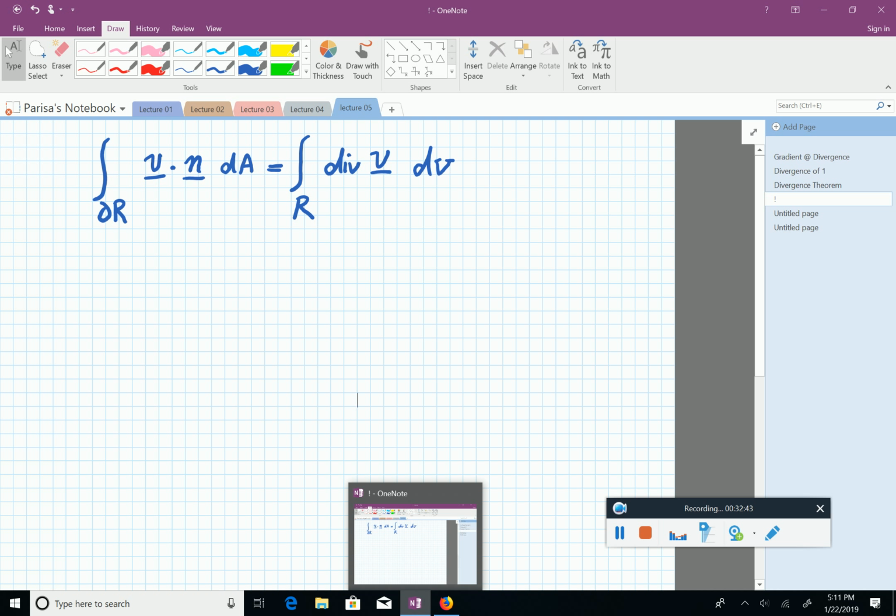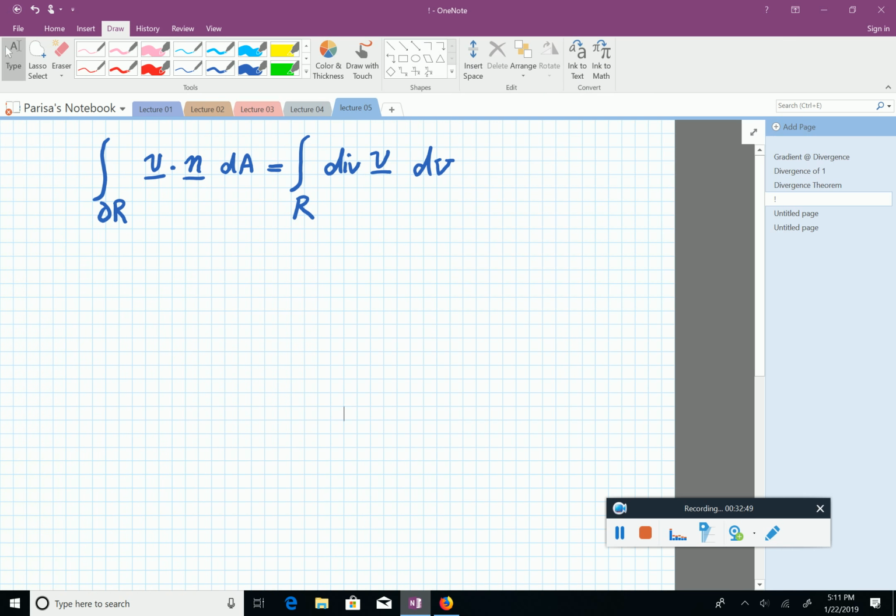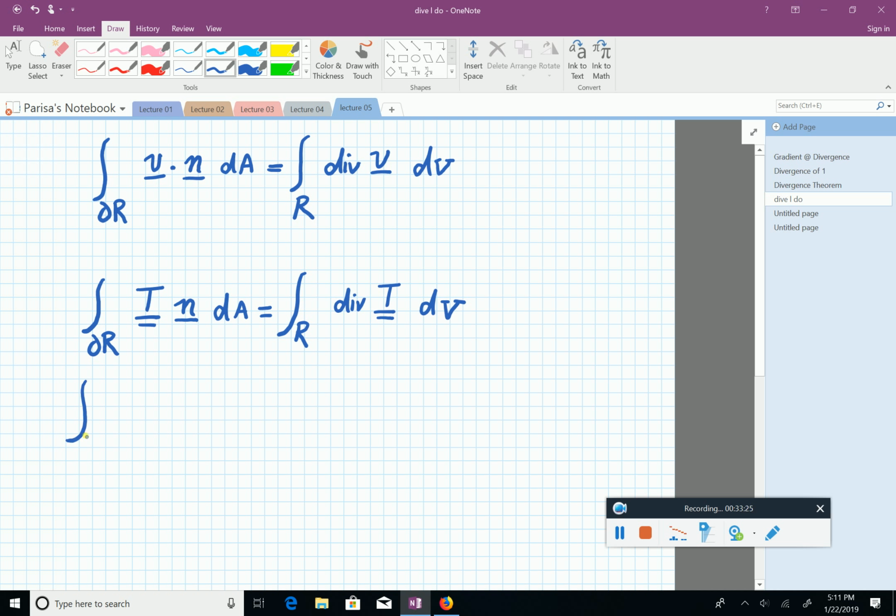And if you look at the tensor value, there is a variation of the last one.